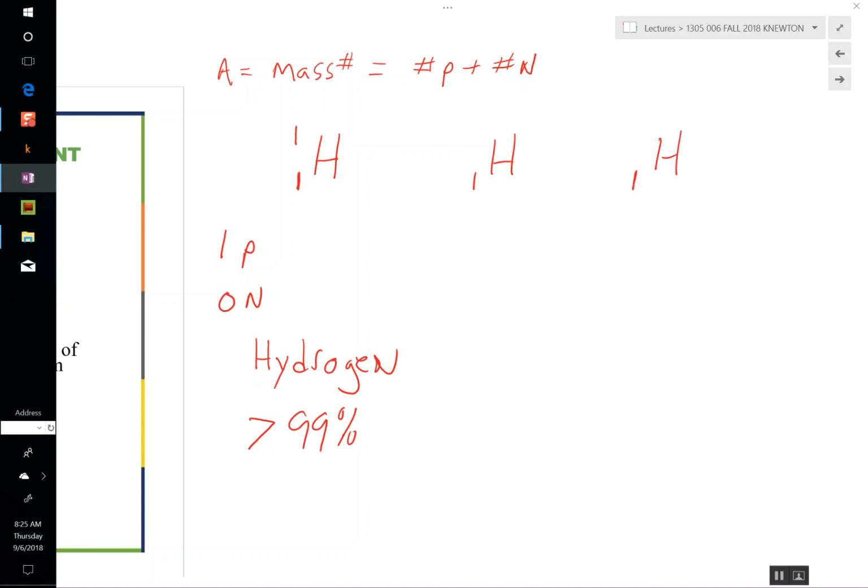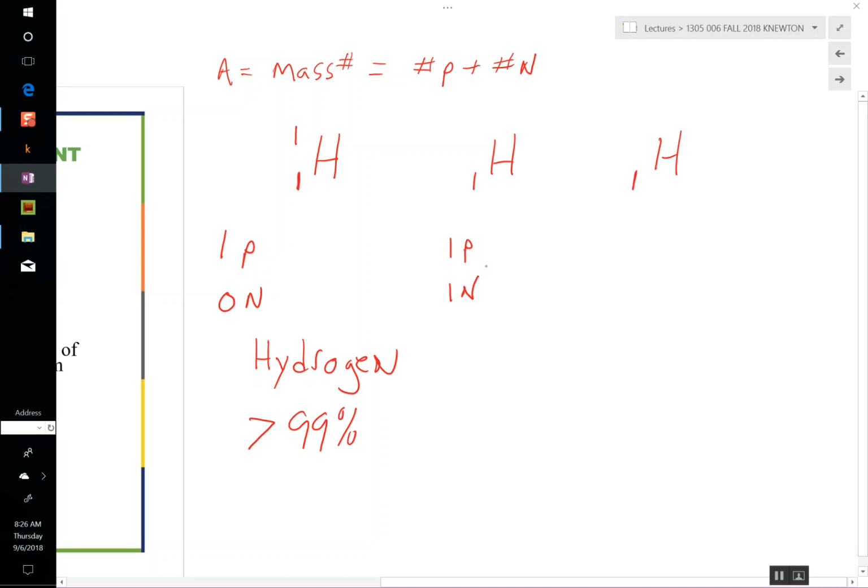However, there are isotopes of hydrogen. And what is an isotope? An isotope is atoms of the same element that contain different amounts of neutrons. All right? So there is a hydrogen form that has 1 proton and 1 neutron.